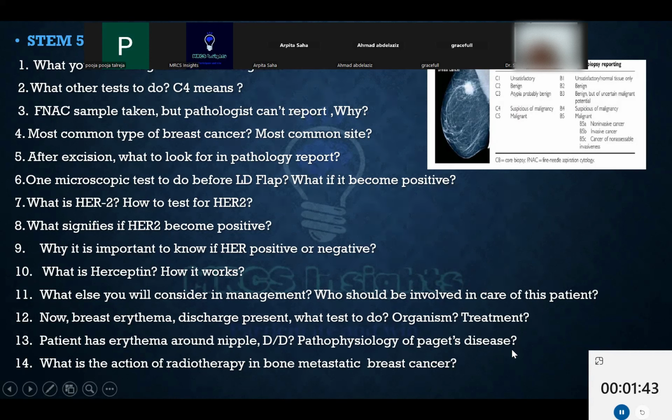What test to do? I'll take a swab and send it for culture and sensitivity. The organism will be Staphylococcus aureus. For treatment, if the patient is an inpatient, I'll start IV antibiotics, such as IV vancomycin, according to sensitivity, and I'll chase the report.